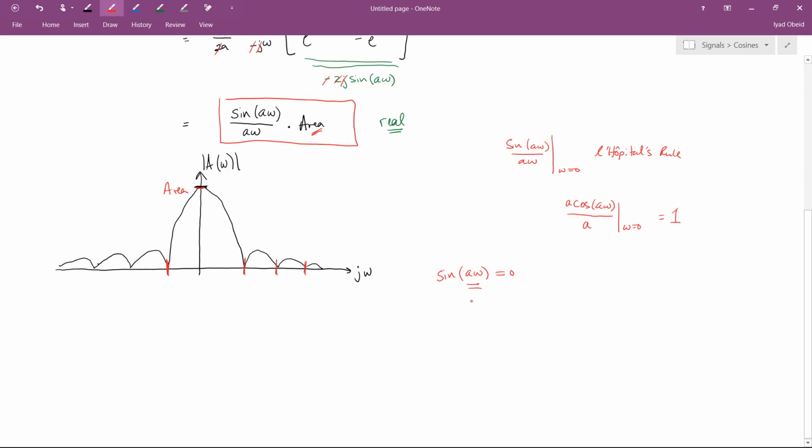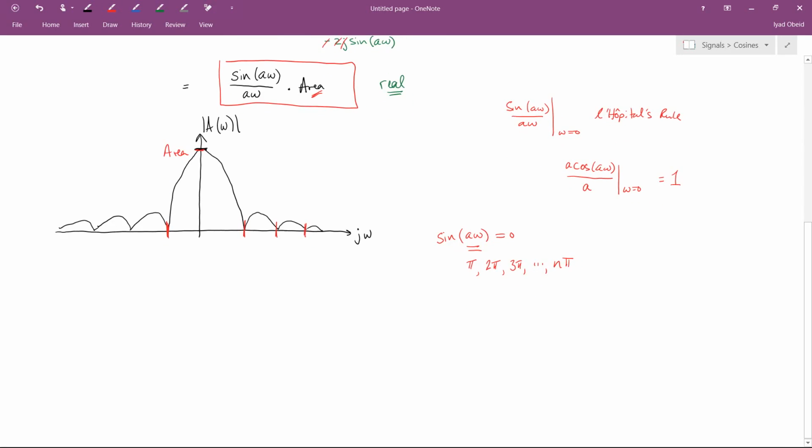Well, we know that the way sine functions work, sine of pi equals 0, sine of 2 pi equals 0, 3 pi equals 0, and in general, sine of integer multiples of pi gives us 0. So therefore, we can say that if a omega equals an integer multiple of pi, then we have a 0 crossing.